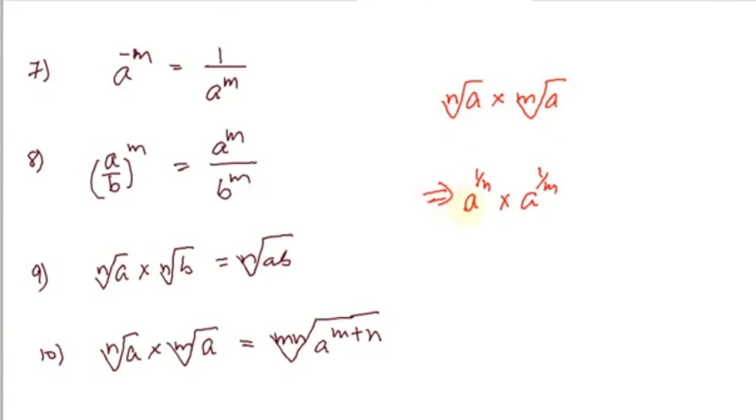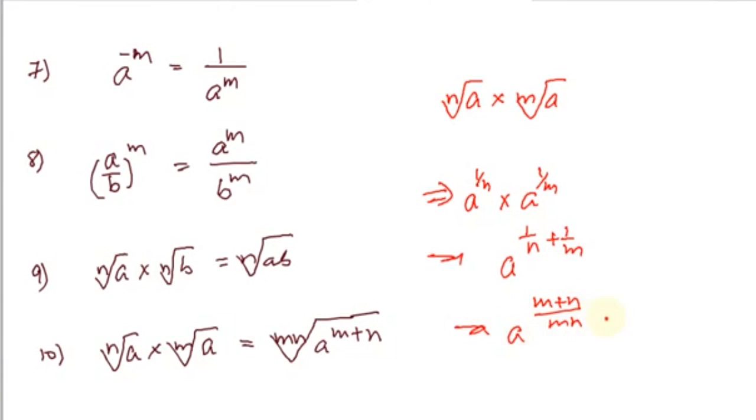This I can write as a power 1 by n into a power 1 by m. Now according to the previous formulas, when the base is the same, powers you can add. That is 1 by n plus 1 by m, so a to the power m plus n by m into n.